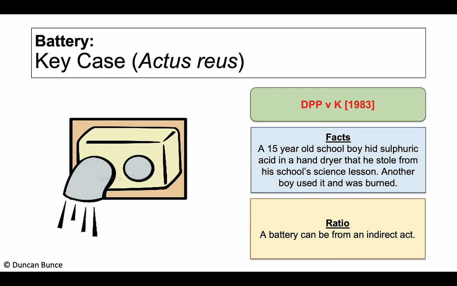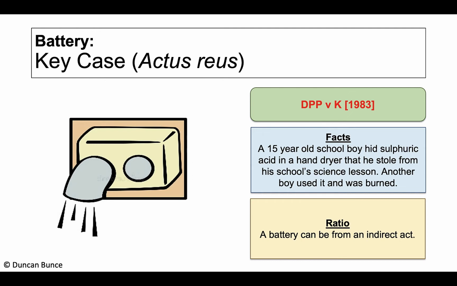So this opens up the possibility, doesn't it, of situations where, for argument's sake, the defendant were to set up a booby trap, some sort of trap for somebody, or maybe there's someone doing a practical joke where there's a bucket of water above a door that when the person opens the door, it triggers the water to soak them. So either way, a battery can be through an indirect act.